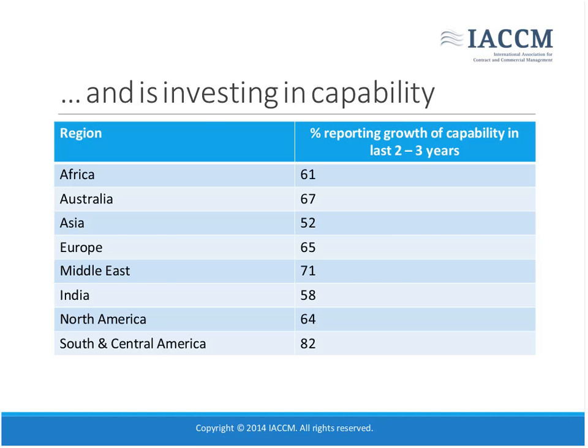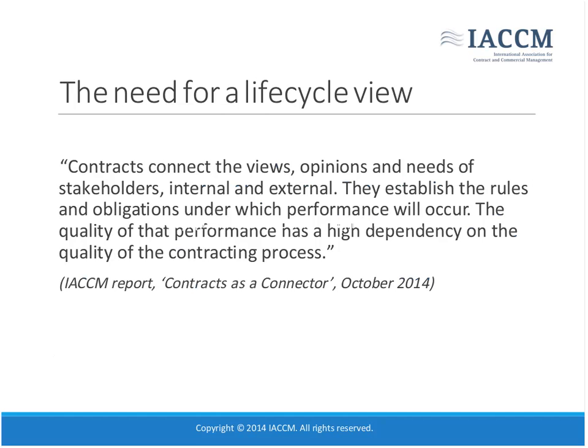So why is it that we need this life cycle view that I just mentioned? Well, our next chart just takes a quote from actually the report that's been written as a result of this particular piece of research. And as you can see, it is simply because in their best form, contracts and the contracting process really is an instrument of quality control.